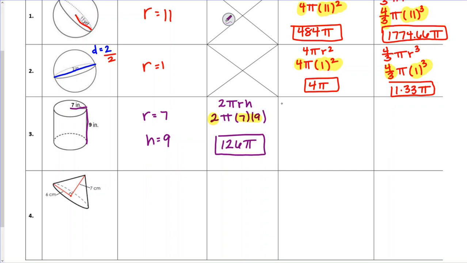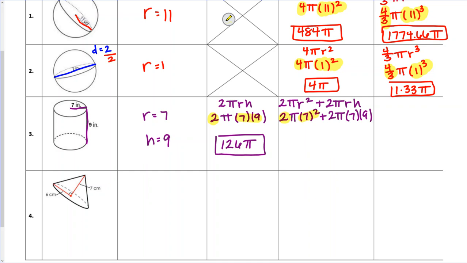Surface area for a cylinder, that formula is 2 pi r squared plus 2 pi r h. Once you have your formula, plug in your numbers. 2 pi times 7 squared plus 2 pi times 7 times 9. Again, we're going to skip the pi.